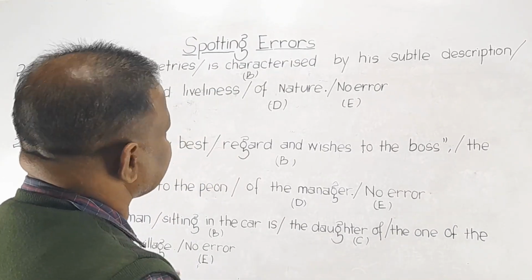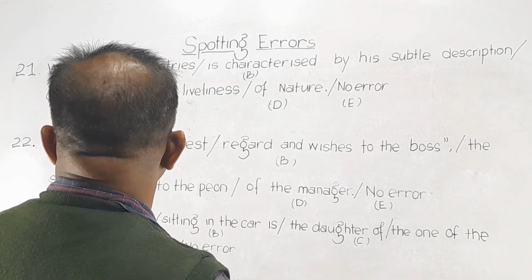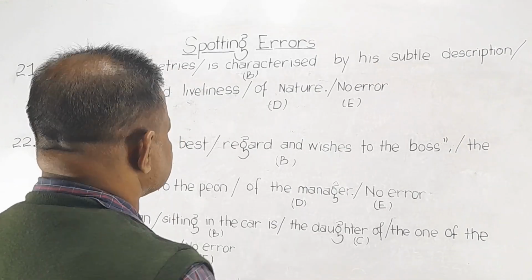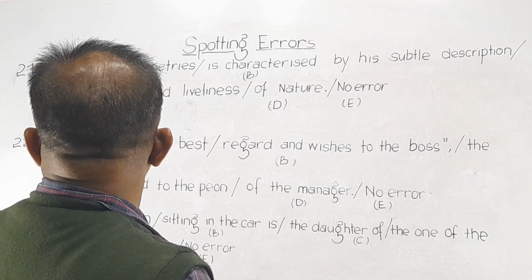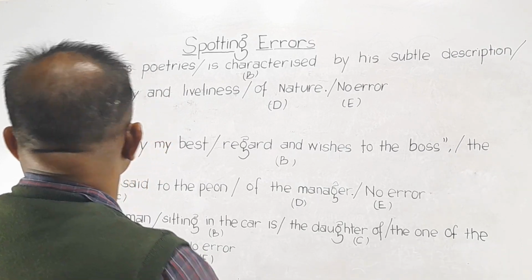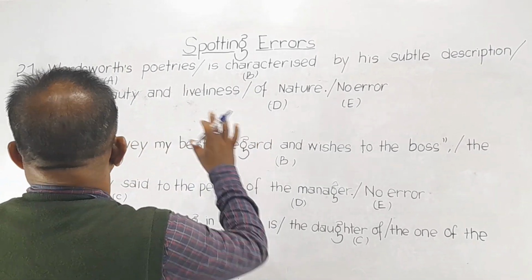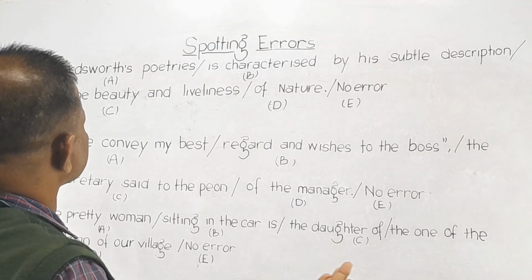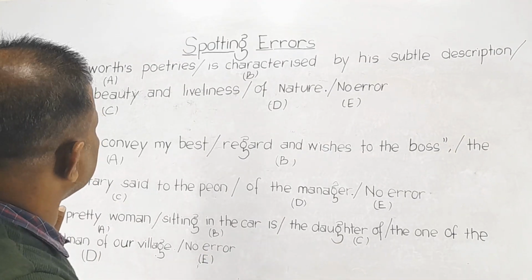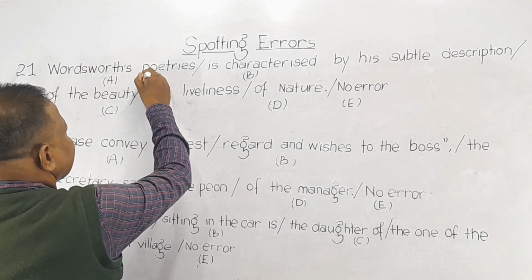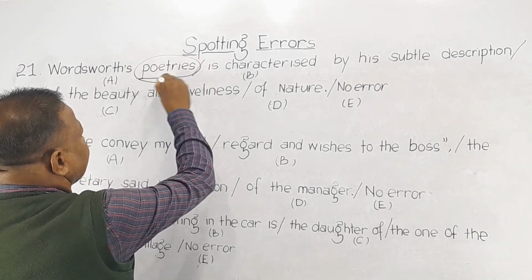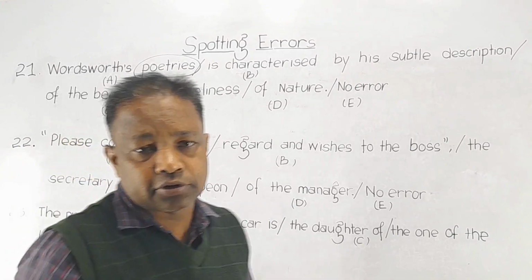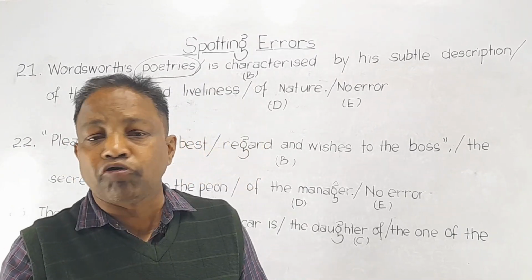Number 21. Wordsworth's poetry is characterized by subtle description of the beauty and loveliness of nature. Okay, listen, where is the error? Wordsworth, yes, Wordsworth is a person, so apostrophe s. That's correct. And the error is here, poetries. Because poetry is an uncountable noun, so it does not have any plural form.